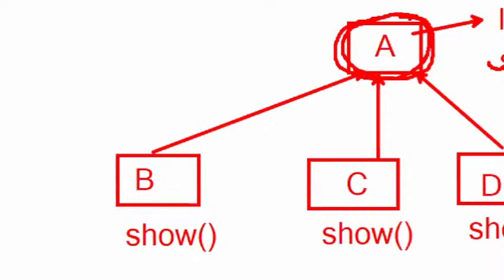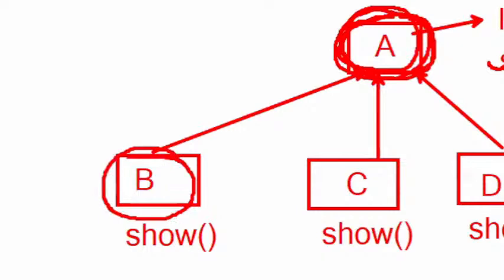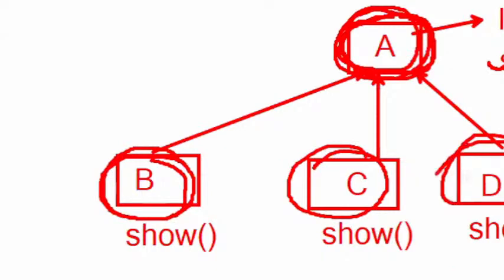Now, assume this A interface is given by Sun Microsystems company. This B class is developed by Oracle Corporation, C class by one more company, D class by one more company, E class by one more company. Like this, many companies are there. Now, you already studied drivers.